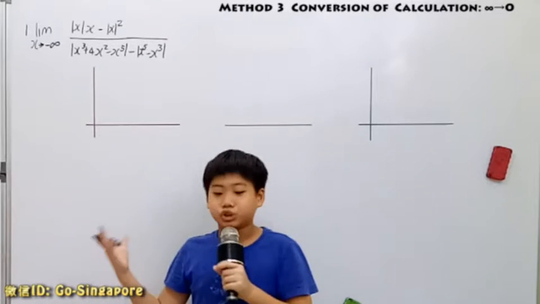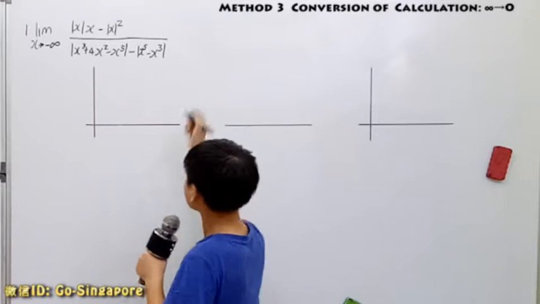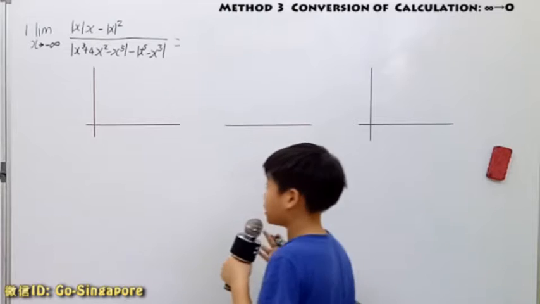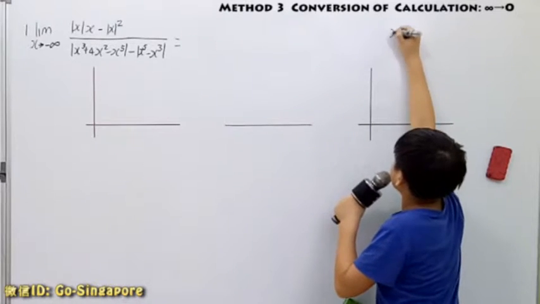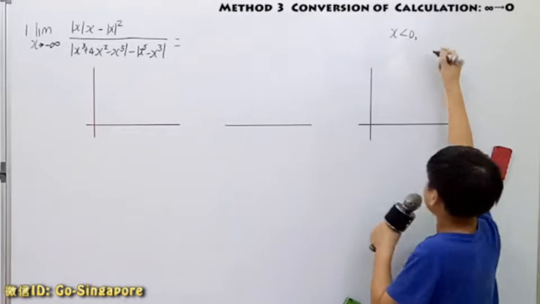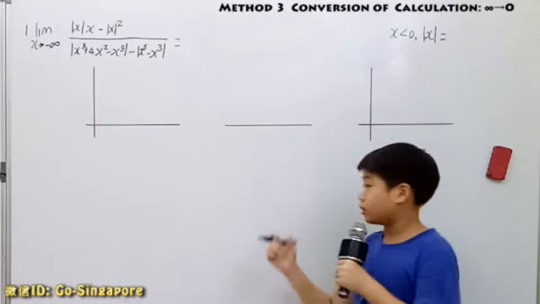First, we need to try to take away that modulus. When we do this, we must remember: let me show you. If x is smaller than 0, then the modulus of x is actually negative x.